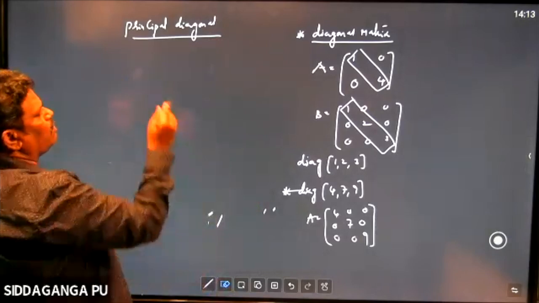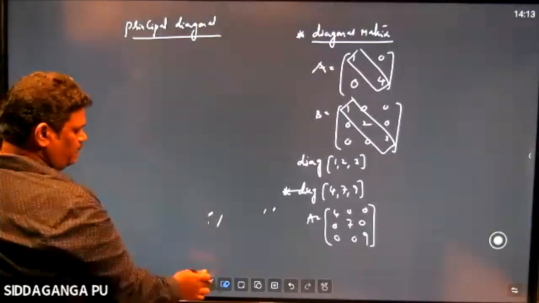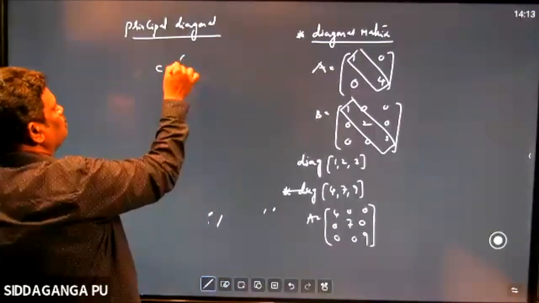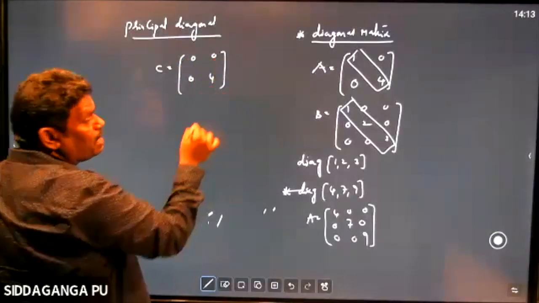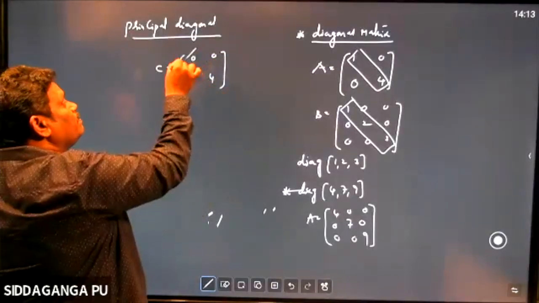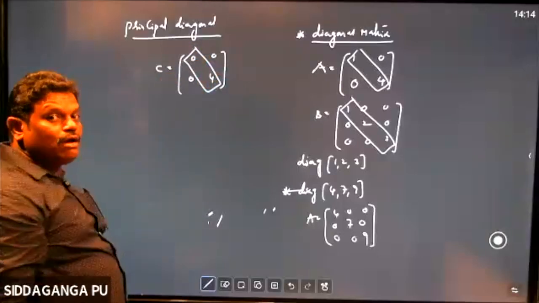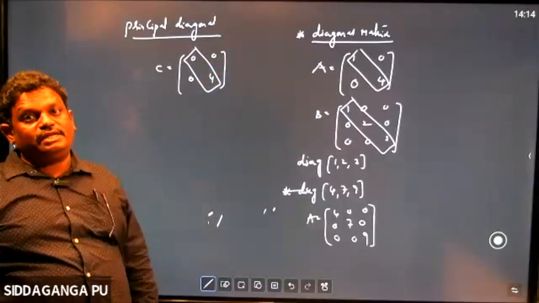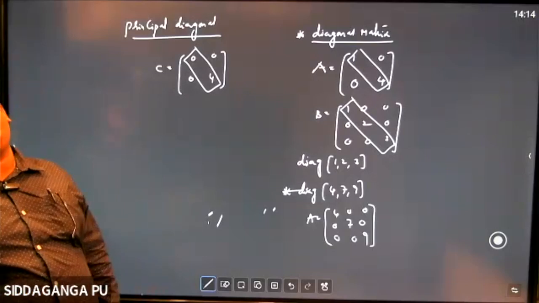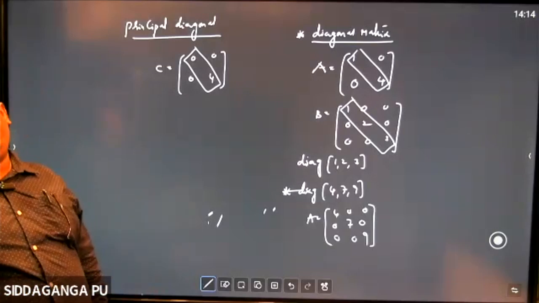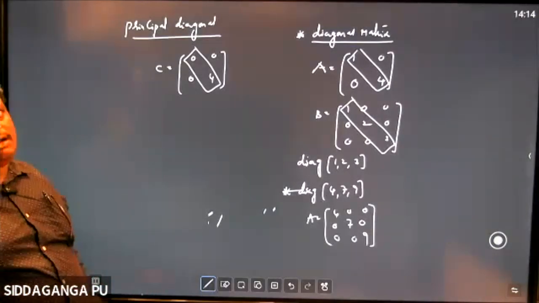For example, C is equal to 0, 0, 0, 4. This is also a diagonal matrix, because the principal diagonal elements may or may not be zeros. Sometimes all are zeros, so a null matrix is also a diagonal matrix.